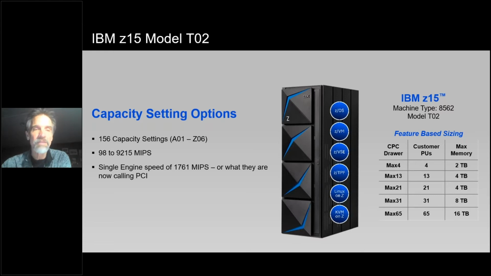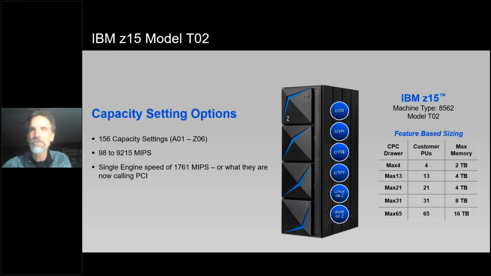It lets you go from an A01, a 98 MIP A01, up to over 9,000 MIPs on the Z06. So that's a pretty good range, and of course you have all the granularity within the product line, so that gives you a lot of choice, maybe your workload is more friendly to fewer engines or more engines and that type of thing.